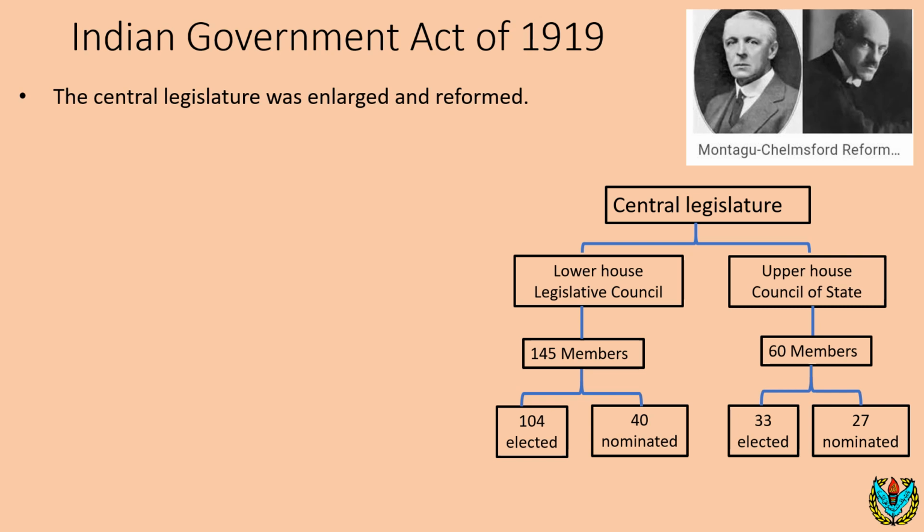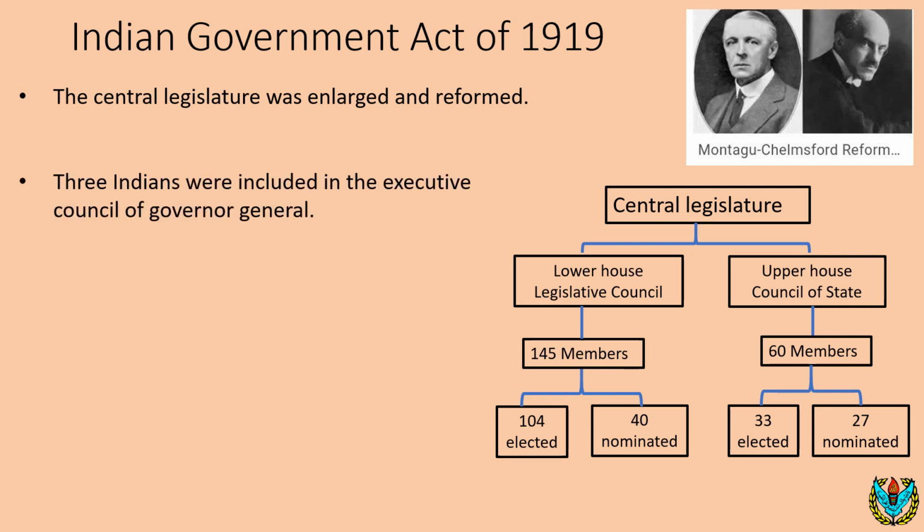Number 2, the Executive Council of the Governor General consisted of 6 members, including 3 Indians.